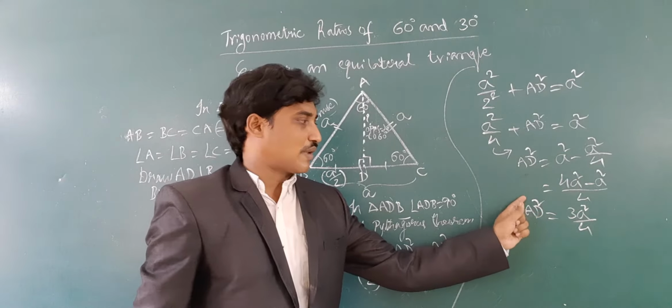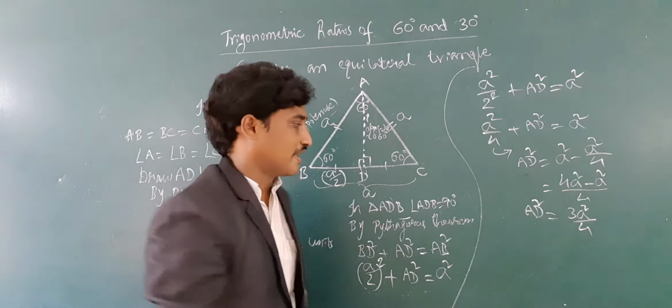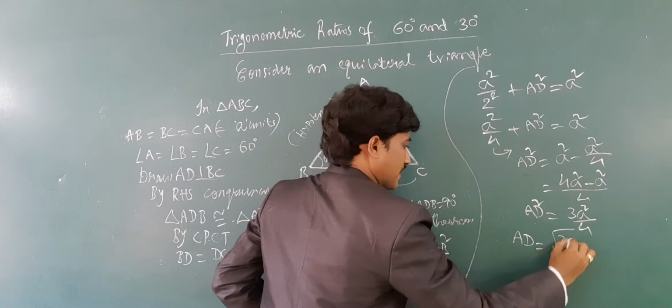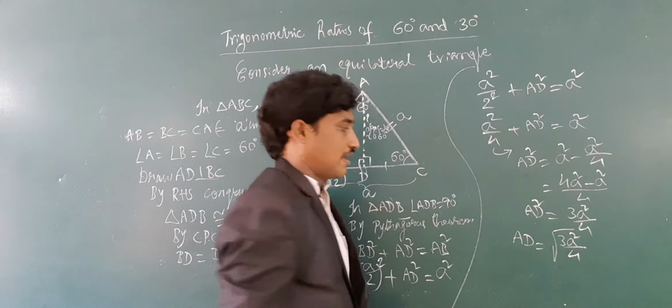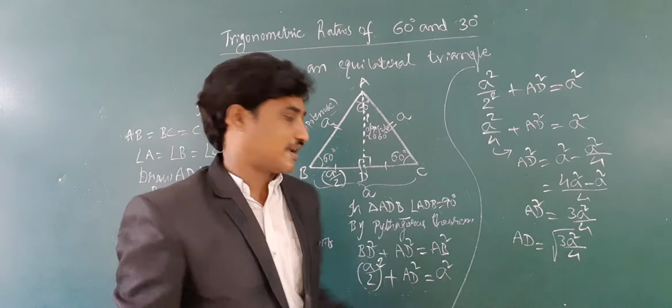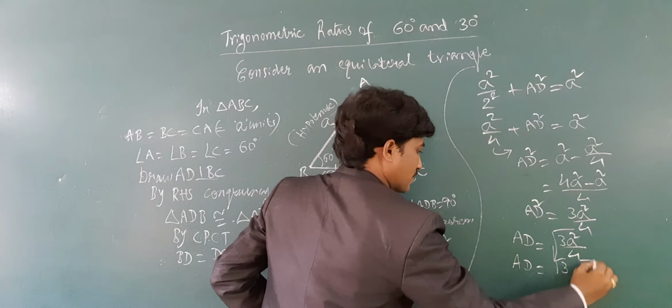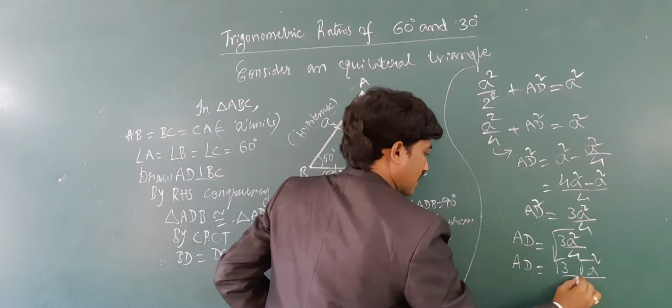To cancel the square, apply square root. AD is equal to the square root of 3A square by 4. Applying the square root separately, AD is equal to root 3 times root A square by root 4.